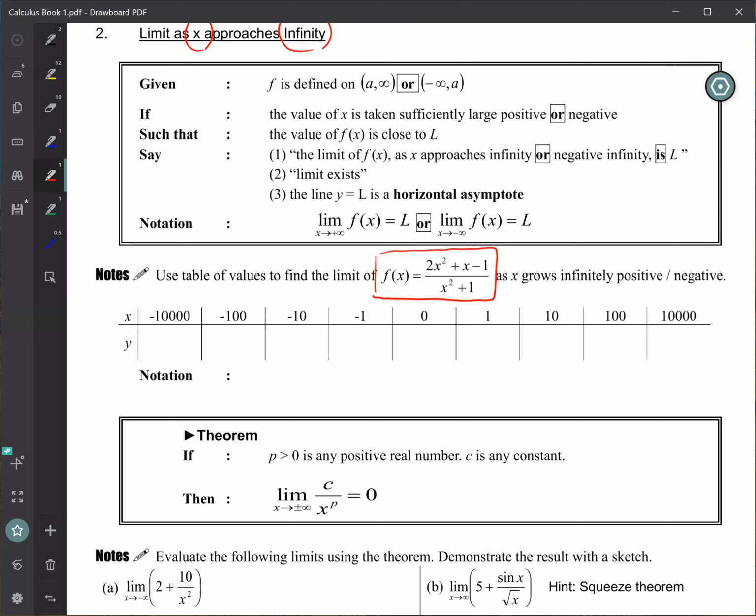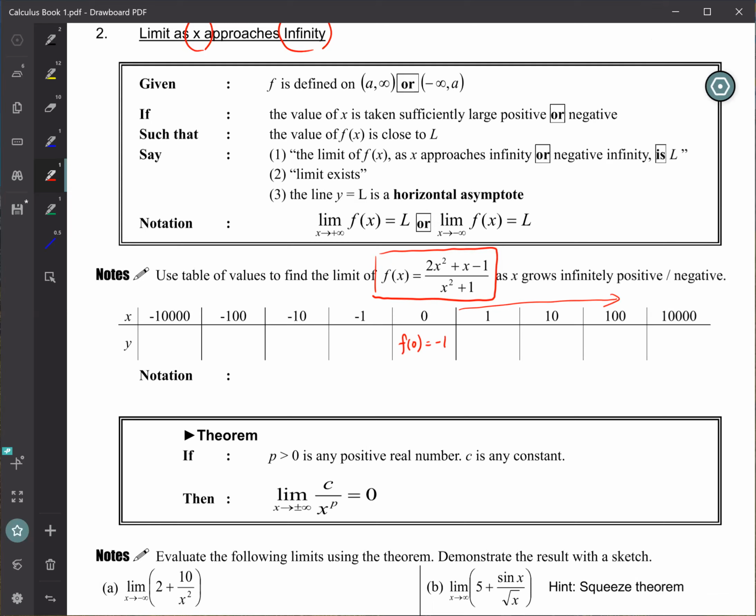If you start from x equal to 0, I will plug that in for you. So f of 0 will make everything on the top equal to -1. Over the bottom is 1, so it'll be -1. And then starting from here, I want to approach very big, 10,000.